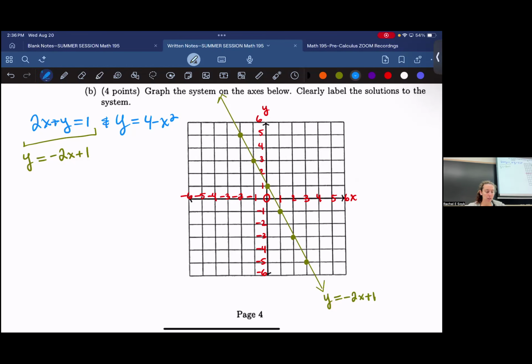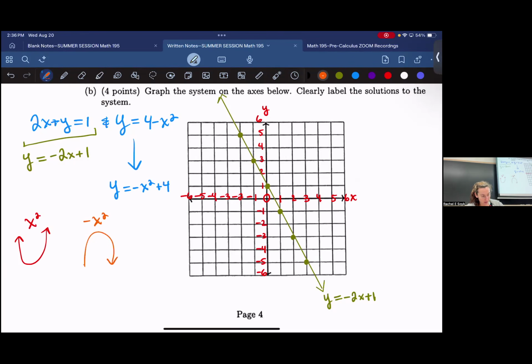Our second, we're dealing with a quadratic, but it's really y is equal to -x squared plus 4. So we have two transformations that take place. Know that x squared is a U-shaped parabola. It's upright. But -x squared, it's a reflection. It's flipped.